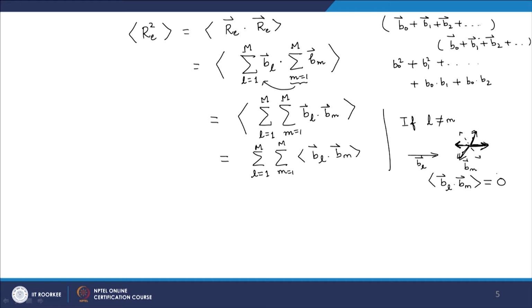On the other hand, if l is equal to m, then of course b_l and b_m are the same vector. So, I am multiplying the same vector. So, b_l dot b_m becomes equal to something like b square, provided we assume all the segments are of a constant length b.